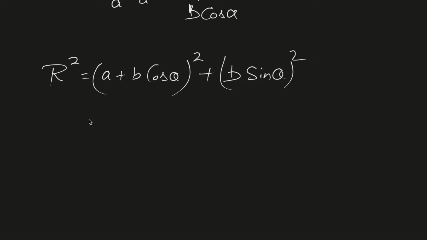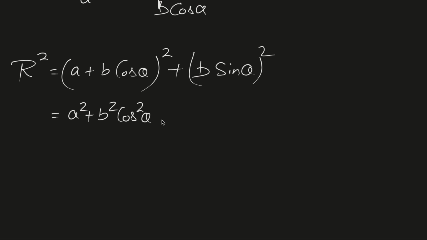Then just calculate it: a square plus b square cos square theta plus 2ab cos theta plus b square sine square theta.